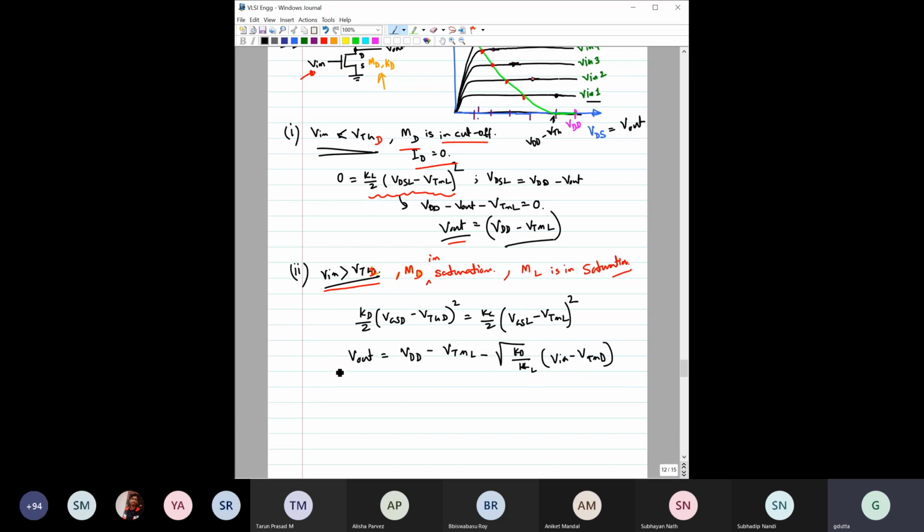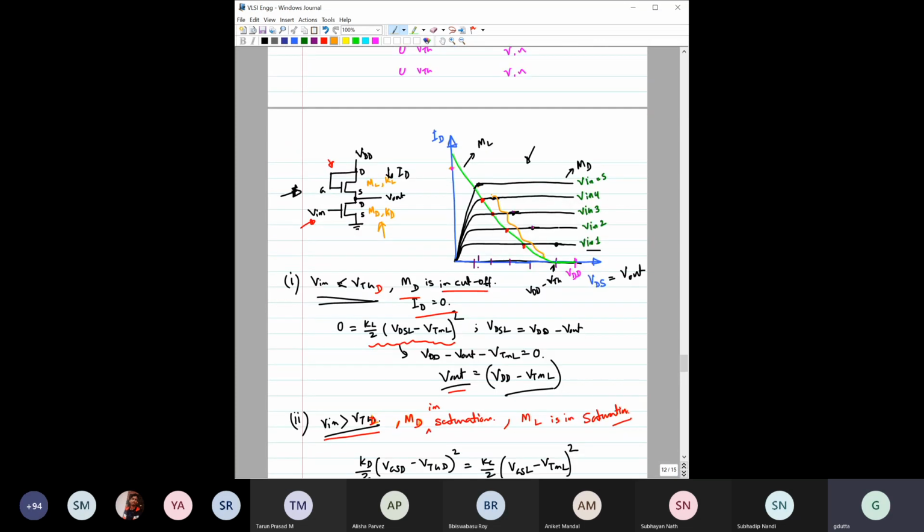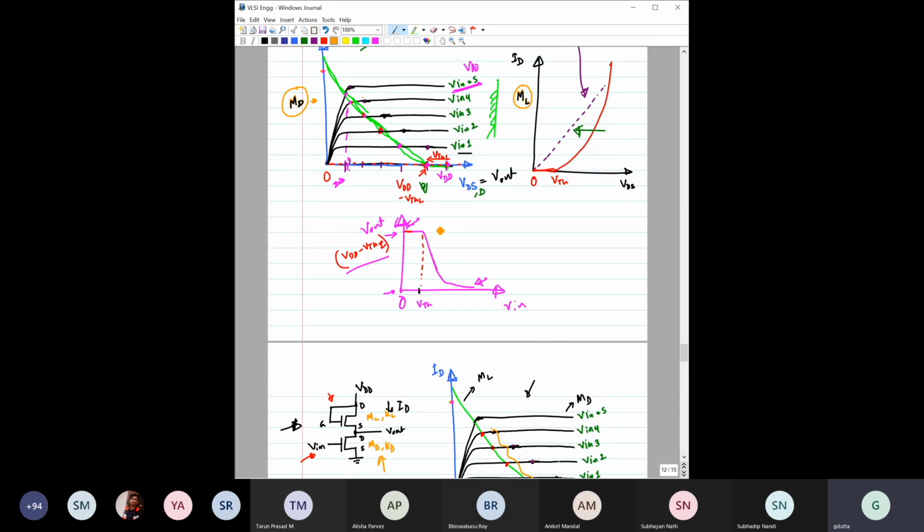Please look at it carefully. What this particular equation is suggesting is that V out is related with V in in a linear fashion, right? So in this particular region, V output versus V input would be linear. It is very easy to understand from here.